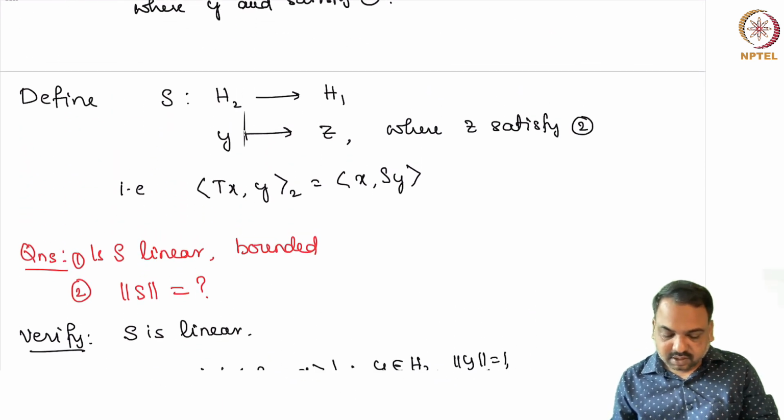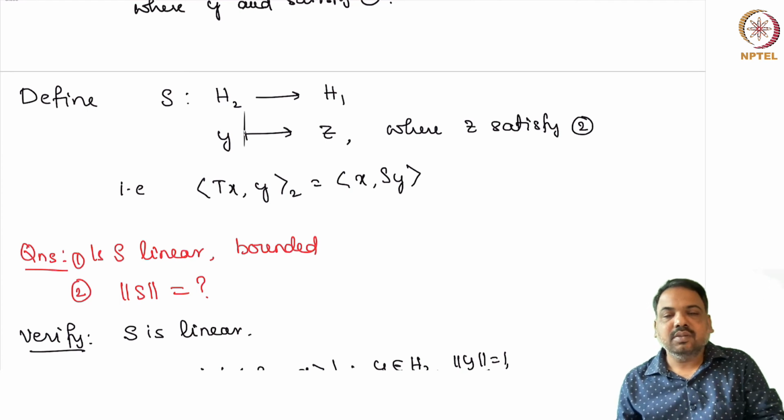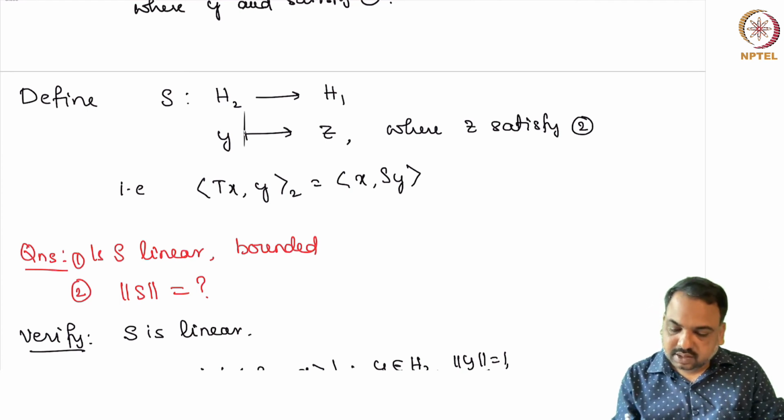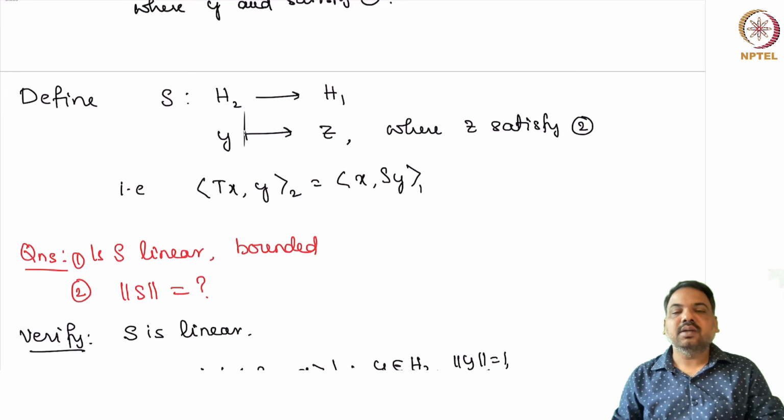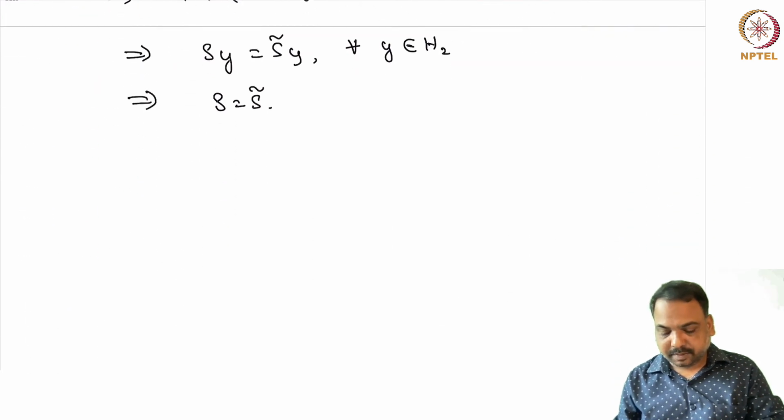That means the map is well defined and such a map is unique. What is the meaning of such a map? It satisfies the inner product of Tx with y equal to the inner product of x with Sy, where this inner product is in the first Hilbert space.